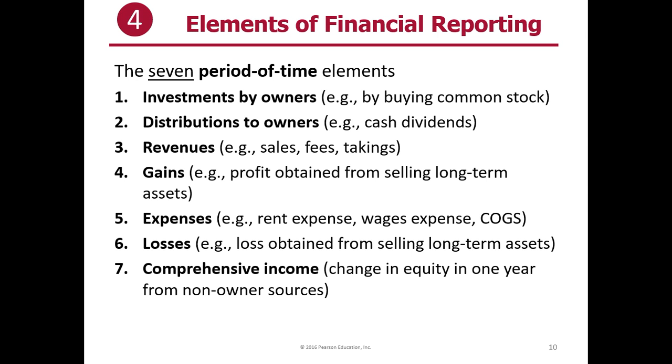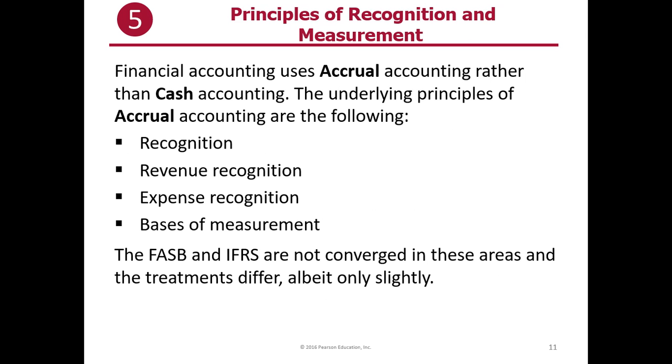So when you make money by selling long-term assets, you can also lose money by selling long-term assets. So when you lose money, you write it as losses. They are also in the income statement. And the comprehensive income is change in equity in one year. So these are seven period of time elements which you have to memorize with examples.